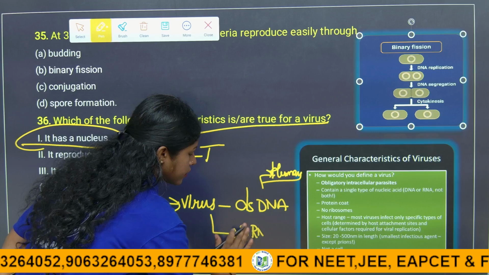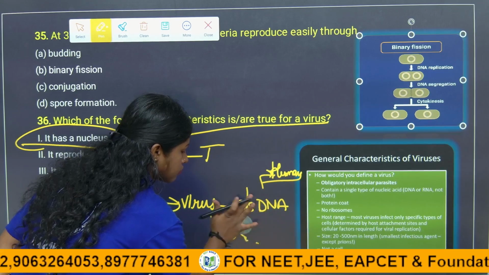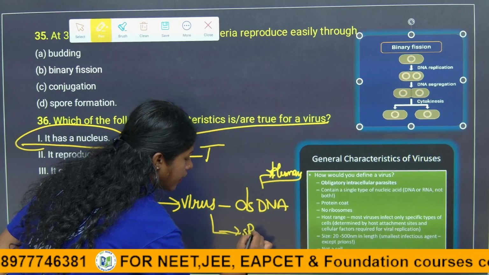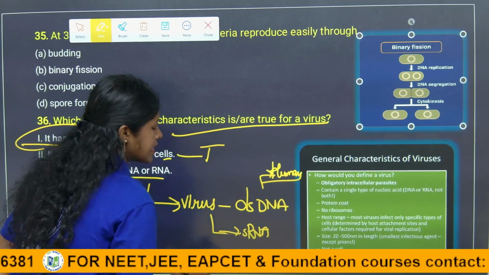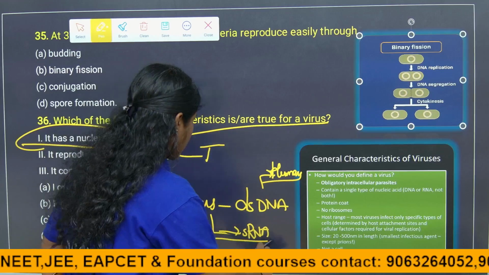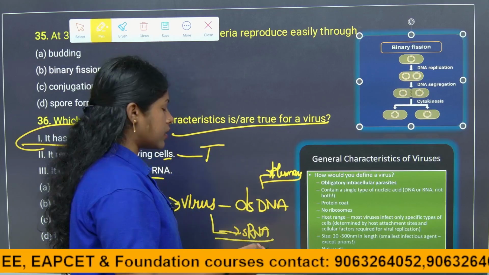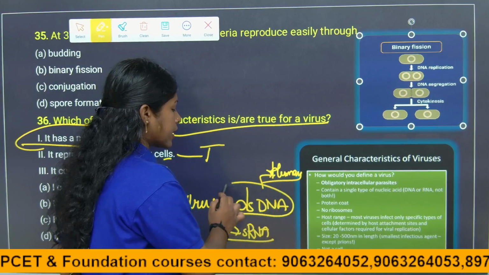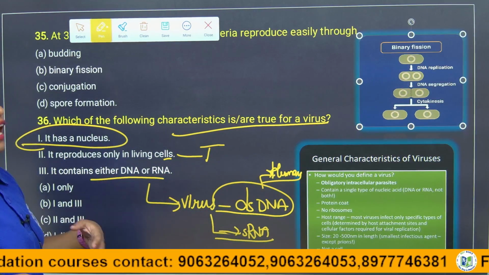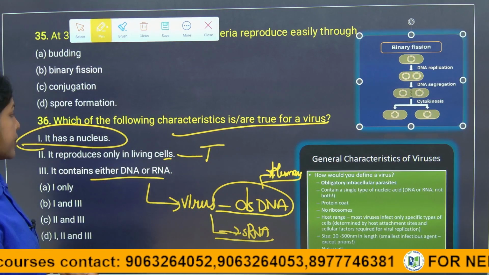In plants, the genetic material of the attacking virus is mostly RNA, children. In humans and animals, it is mostly double-stranded DNA. So it may be either DNA or RNA.